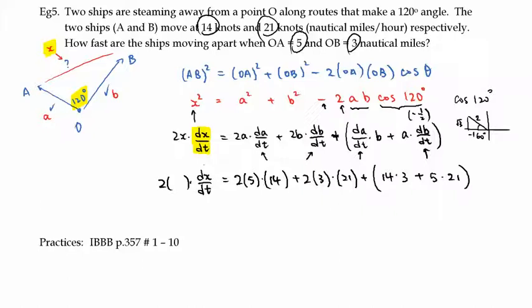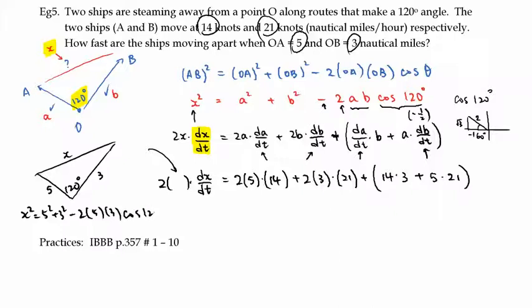To figure out what x is, I can use the cosine law. With 120 degrees, 5 here and 3 there, you can set up your cosine law and calculate this value: 5 squared plus 3 squared minus 2 times 5 and 3 times cosine 120 degrees. You will end up with 49 in this case, and taking the square root of this equals 7.